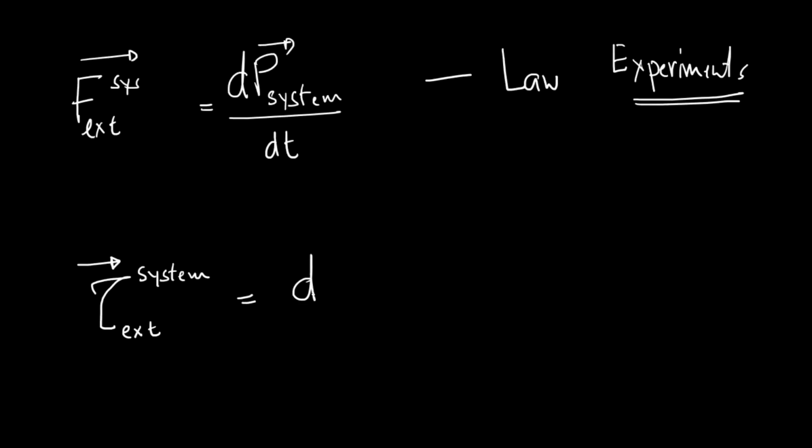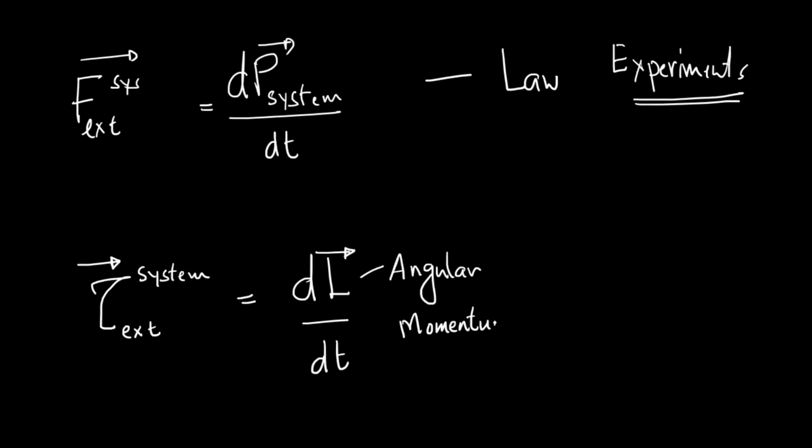This is equal to dL by dt, where L is a vector called angular momentum. Tau is a vector called torque.